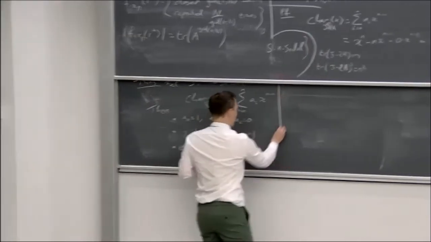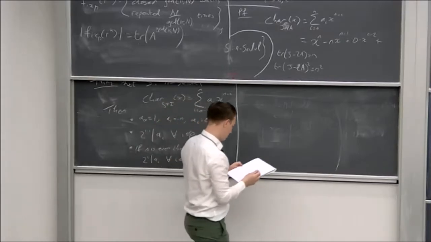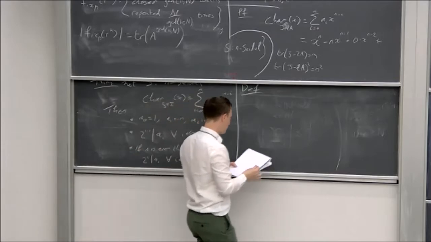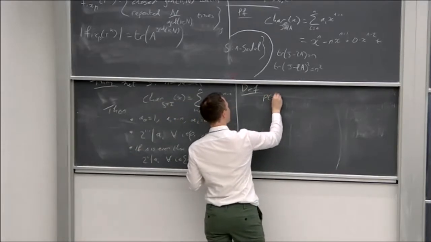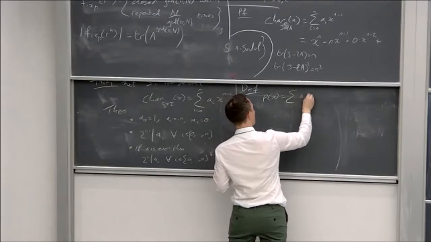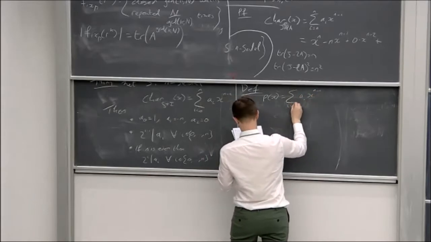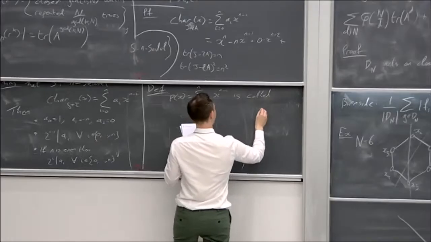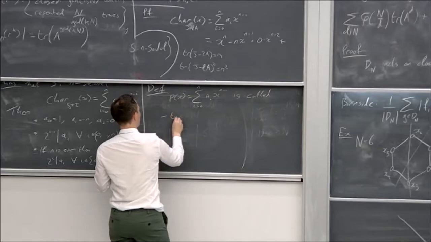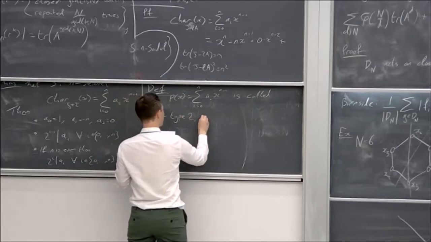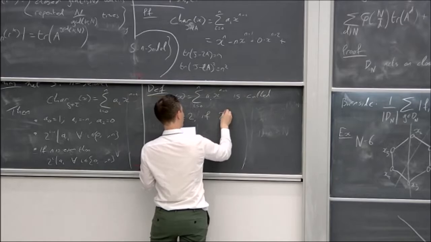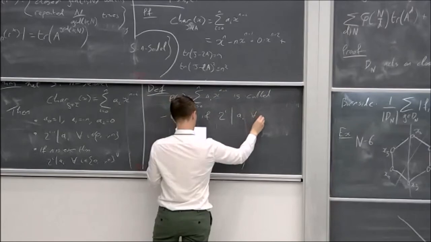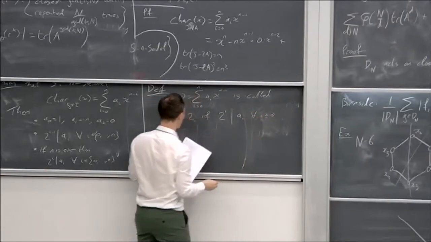So based on that, we make the following definition. This is where we define what I call type 2 polynomials. We say that a polynomial P(x) with coefficients A sub I, I equals 0 to n, is called type 2 if, you probably won't be surprised by this definition, 2 to the I divides A sub I for all I going from 0 to n.